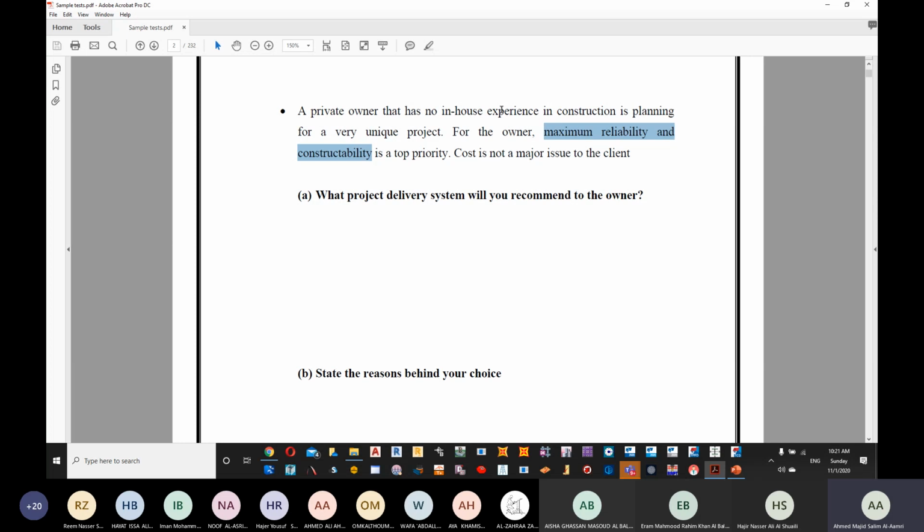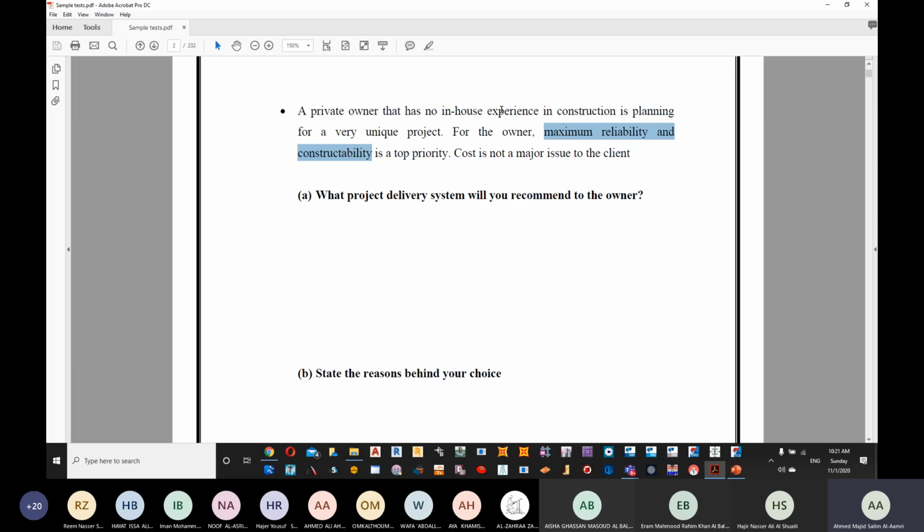Your design is reliable, it's real, it's constructible, you don't have any issue. The contractor can go and construct it. So when we say maximum reliability and constructability, it means that the contractor can go and construct this particular design. Now which one is going to assure you that?